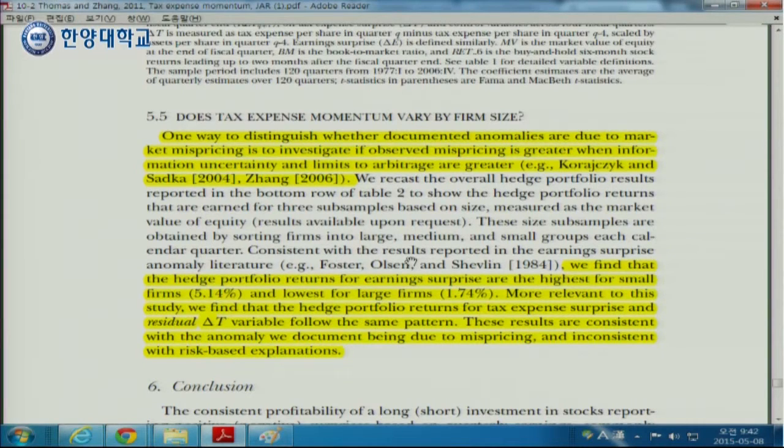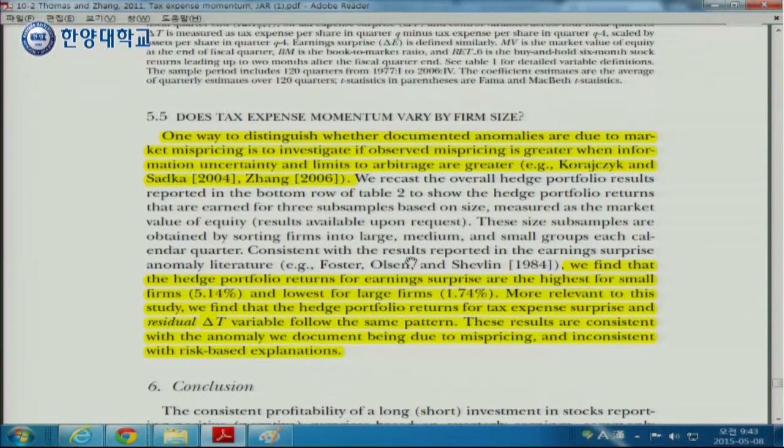This result is consistent with their inefficient market story, because for small stocks, the information is sparse, fewer stock analysts follow those stocks, and people are less interested, so there is more possibility of mispricing for small stocks, and their finding is stronger in small stocks.